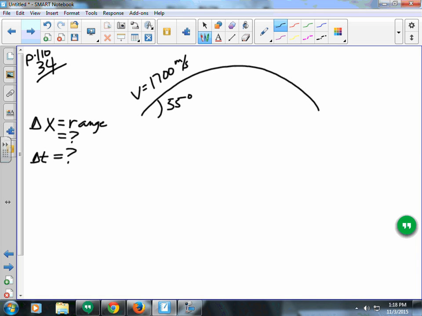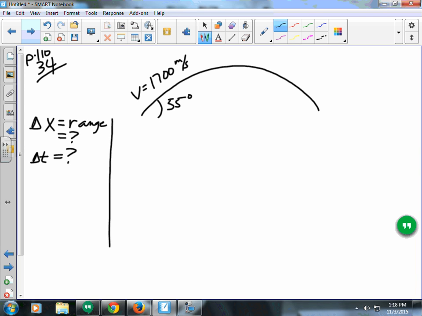All right, so how are we going to find its horizontal range? Well, we need the horizontal component of what? Velocity, don't we? Yes. You've got delta x equals v initial cosine theta delta t.